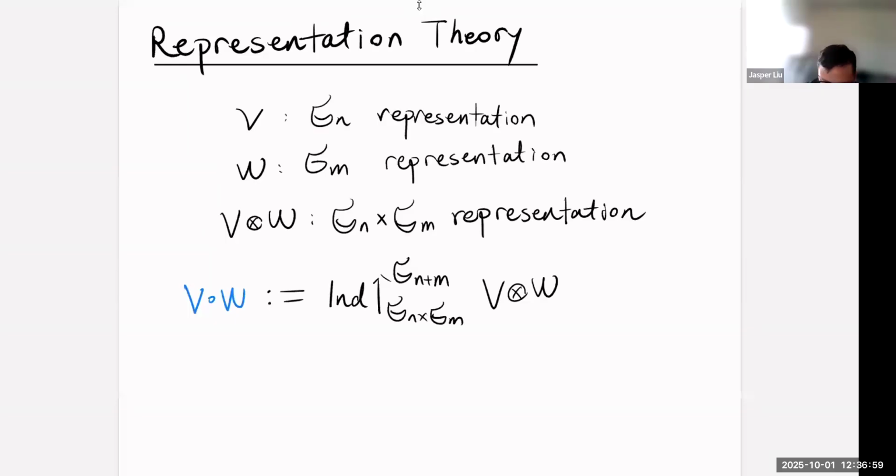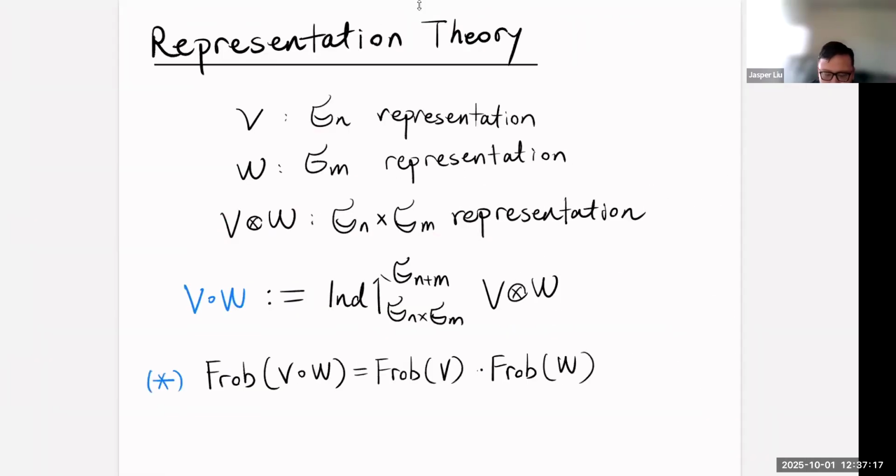And we introduce this induction product to be just the induction of this representation from S_n cross S_m to S_{n+m}. So the nice property of this induction product is that if you take the Frobenius image, it will just be the product of Frobenius images. So this gives us some ease with computations.